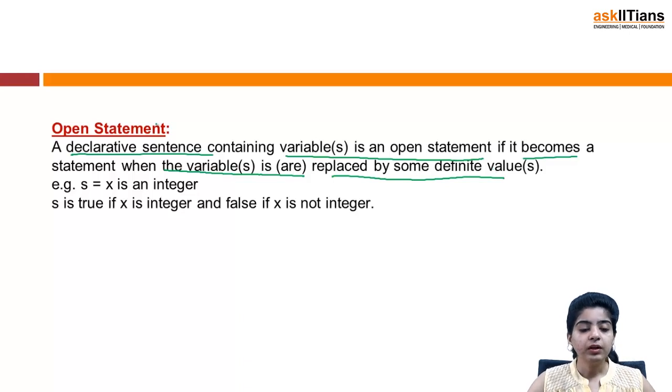For example, we have s equal to x is an integer. So this is true if x is an integer and false if x is not an integer. So this is an example of open statement. I am sure you must have understood this.